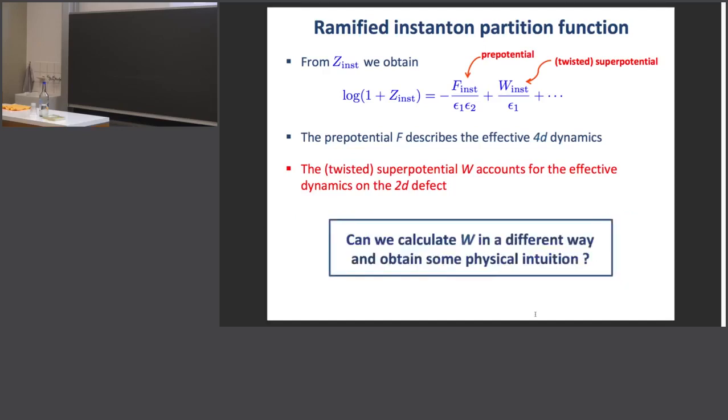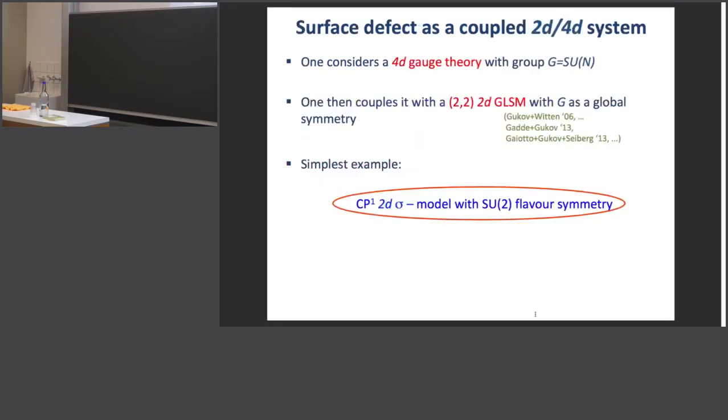Now, the question that I would like to pose is, can we calculate this effective superpotential in a different way and get some more physical intuition? And to answer this question, I think it's better to take the other way of describing the surface defect, namely as a two-dimensional object inside a four-dimensional theory.